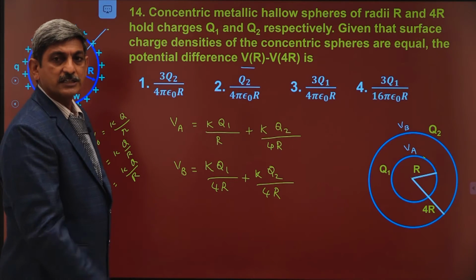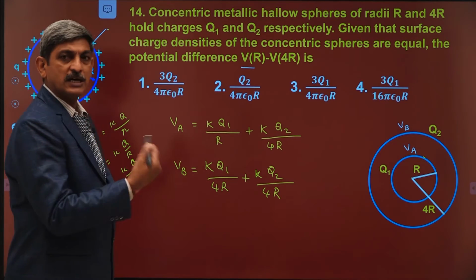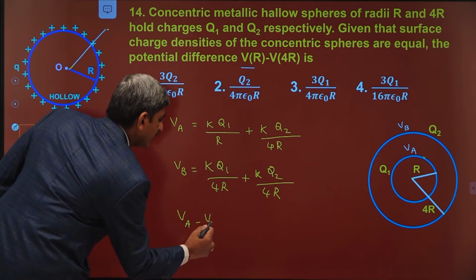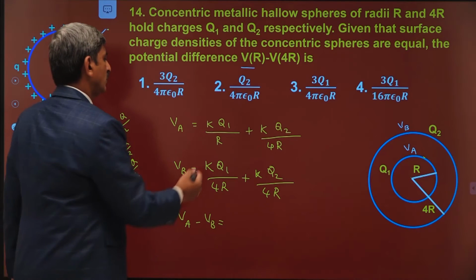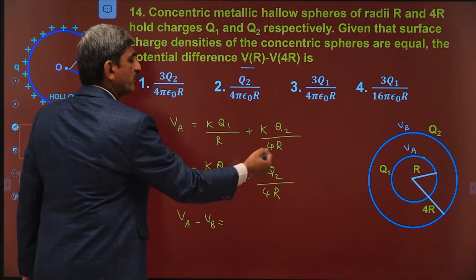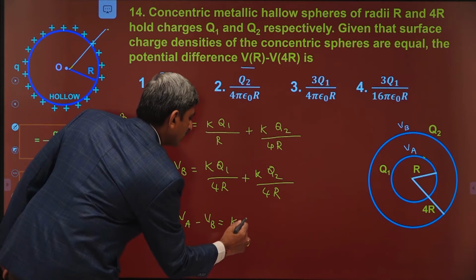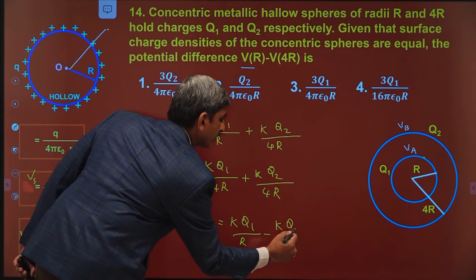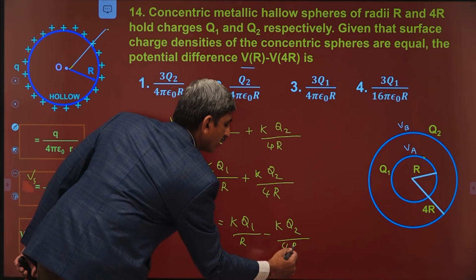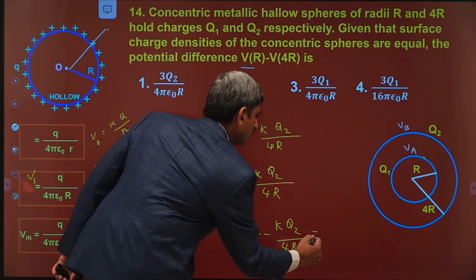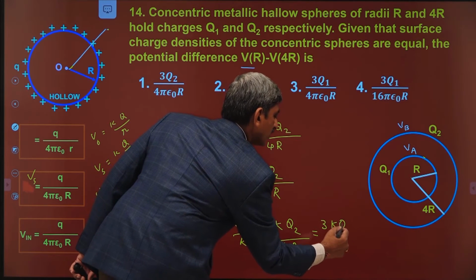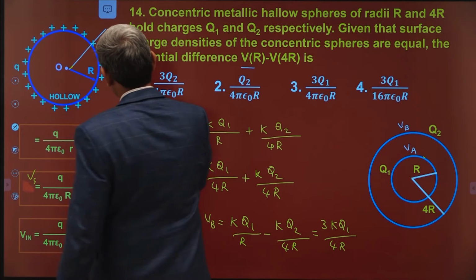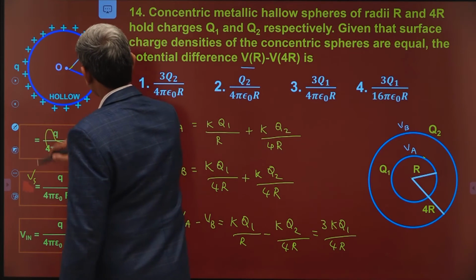Having calculated the potential of the inner sphere and the outer sphere, the difference is Va minus Vb. Substituting these two equations, the kq2 by 4r terms cancel and we have kq1 by r minus kq1 by 4r, which is equal to 3kq1 divided by 4r. We already know that k is equal to 1 by 4 pi epsilon naught.